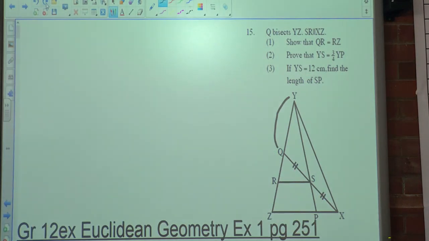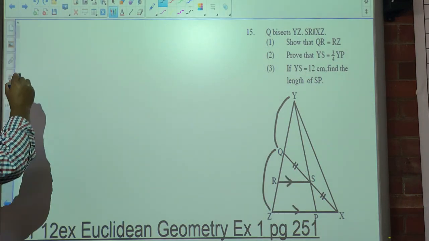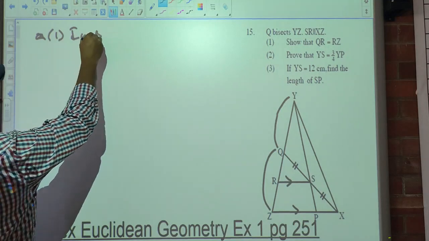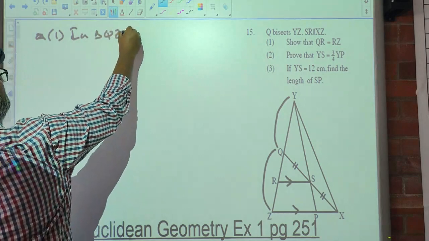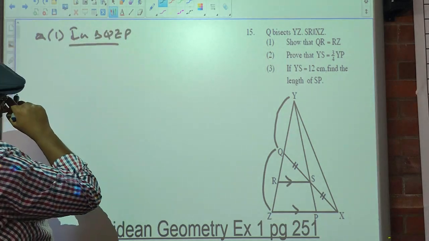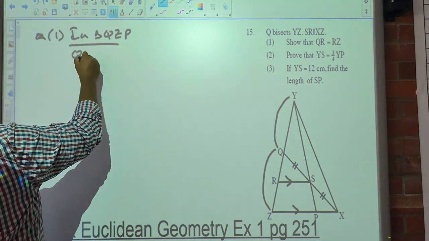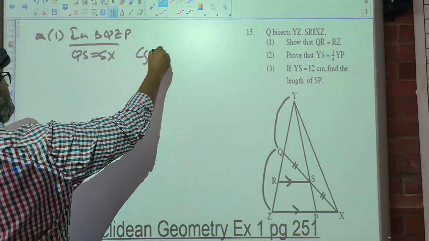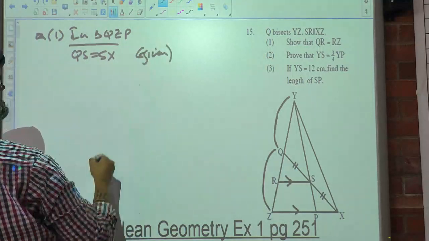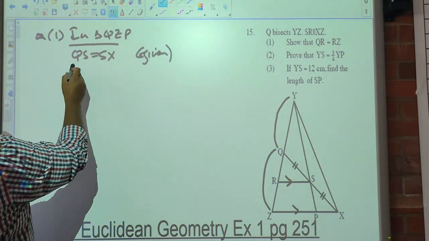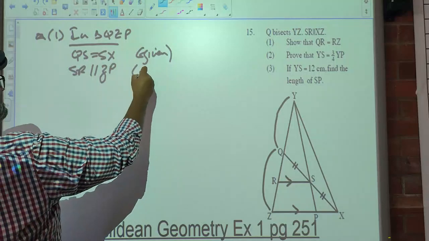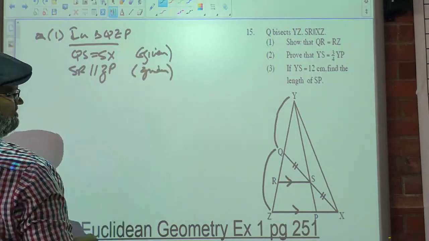There we go, that's that. So we say in triangle QZP, what can we say? We know that QS is equal to SY, given. Then SR is parallel to ZP, given.